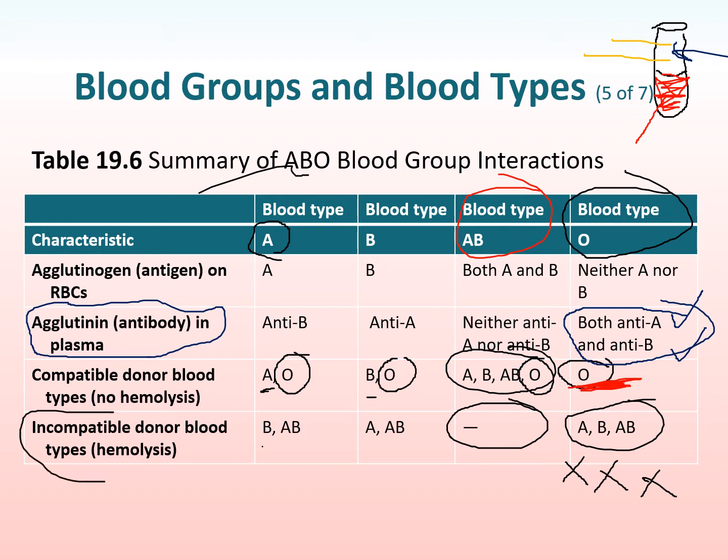What about me? I'm blood type A. So you cannot give me B, you cannot give me AB. And you can give me blood type A or O. Let's take a deeper look at this.